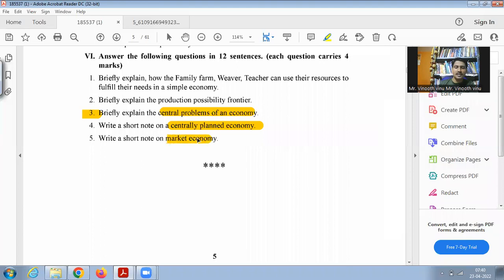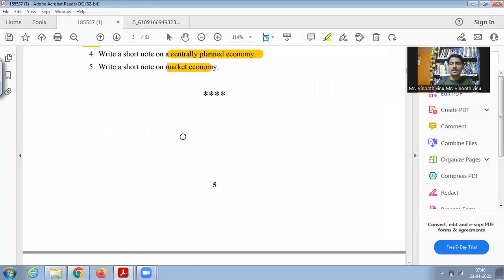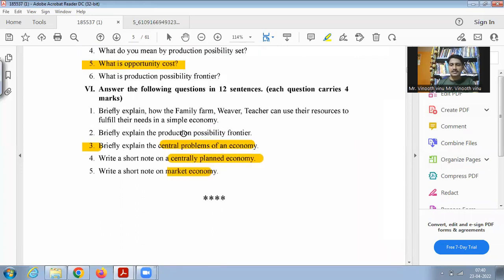Market economy is economy where economic activities are maintained by private individuals. So, what do you give example? Example, America, Japan, France, etc. In reality, all economies are mixed.